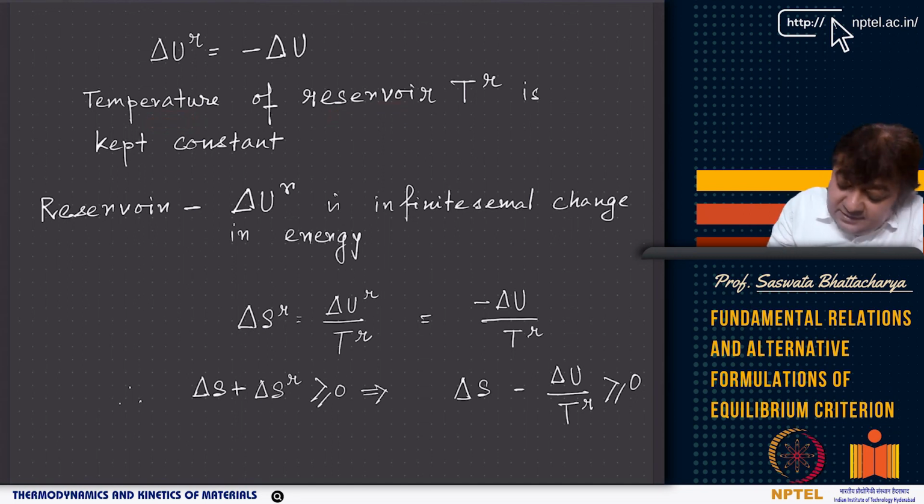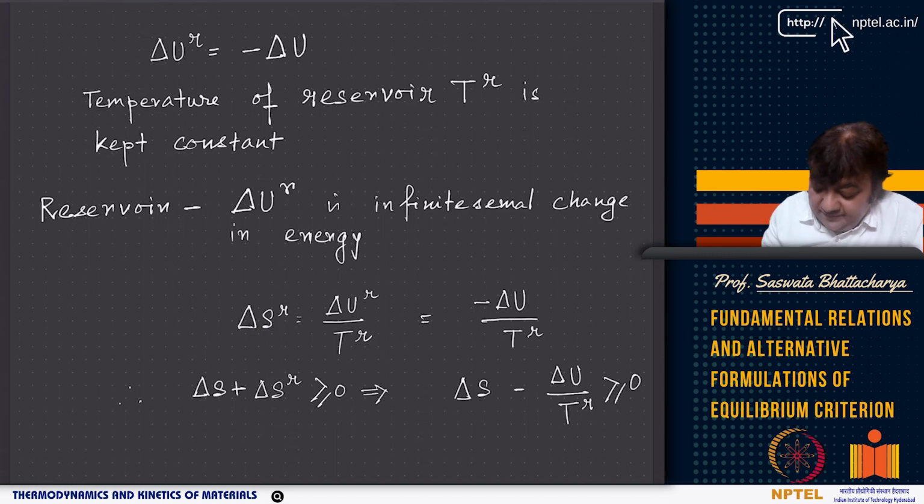Delta UR is an infinitesimal change in energy, which does not change the temperature of the reservoir. It remains constant because the reservoir is infinite compared to the system. So TR remains fixed always. So delta SR is delta UR by TR, which is minus delta U by TR.